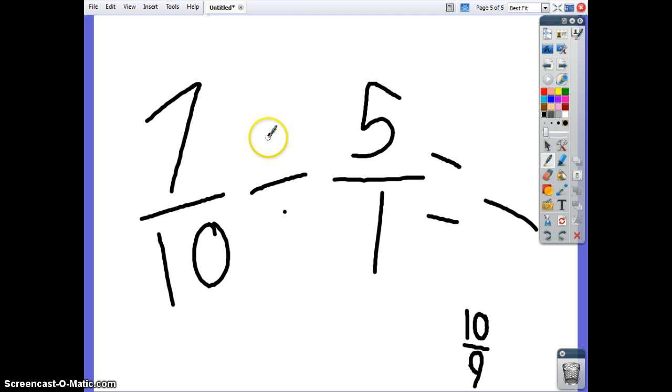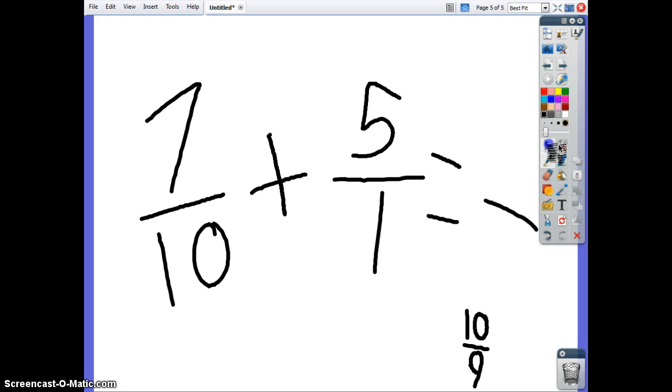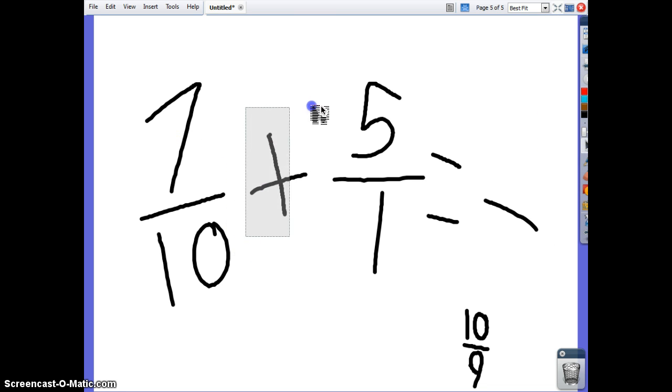Now, I am going to turn this into a multiplication sign. So, 7/10 times 5 wholes.